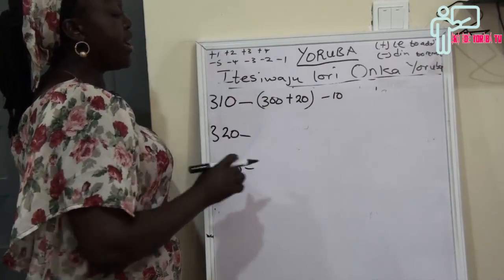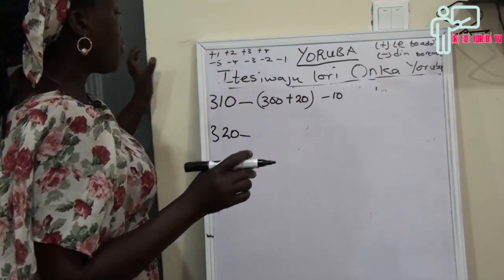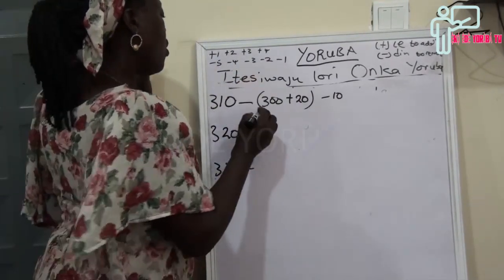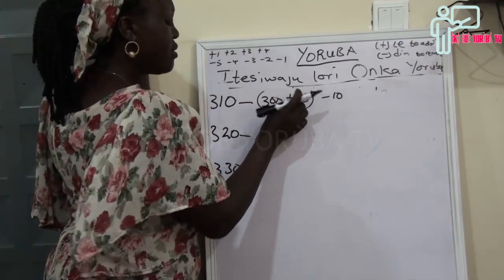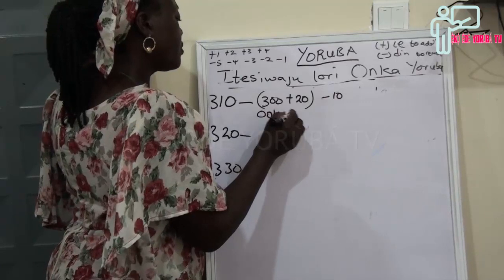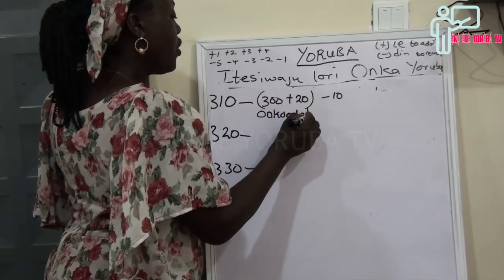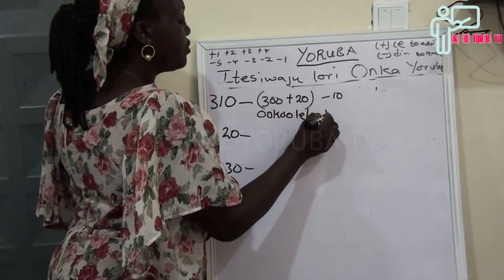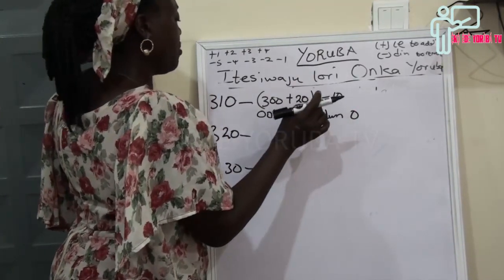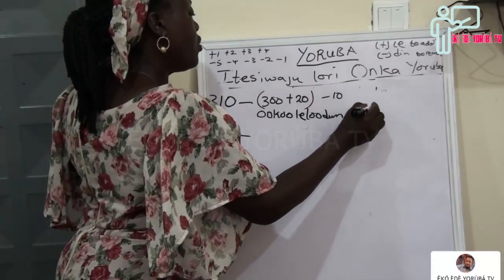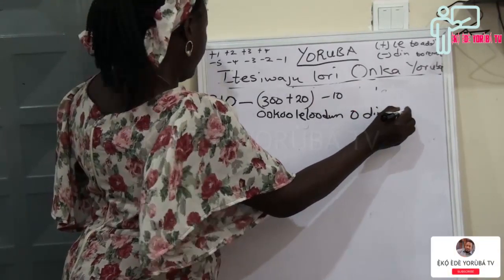Ó dín mẹ́wàá. Okòó, what is okòó? The 20. Okòólélọ́ọ̀ọ́dúnrún ó lé mẹ́wàá. Ó dín mẹ́wàá.